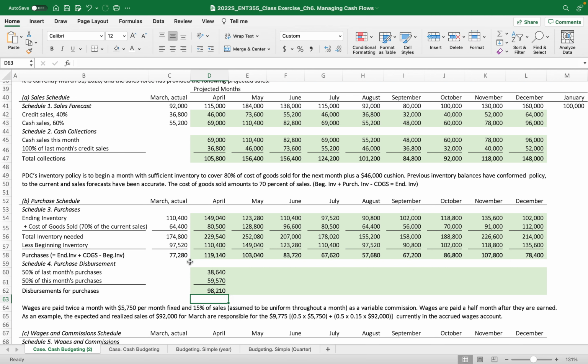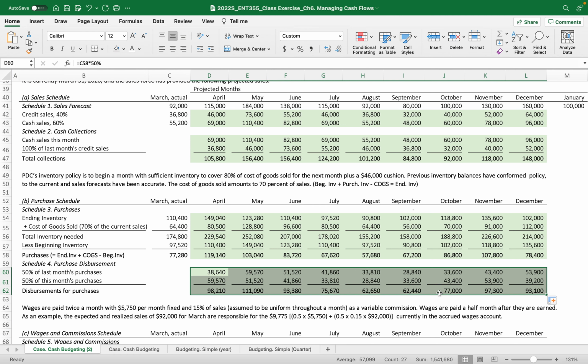So as you can see, the purchases are 119,000 and 98,000, the purchased inventory in value, in cost, but the disbursement is lower, right? You have to build this. And then let's drag it to the right. And then we have, on a monthly basis, the disbursement for the inventory purchase, and then the purchase.